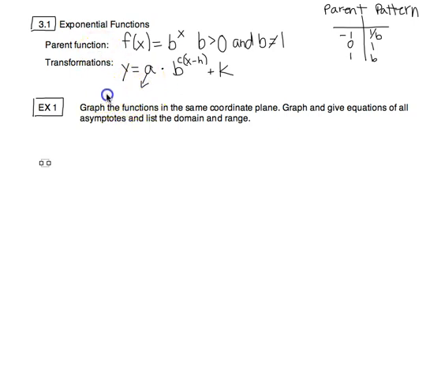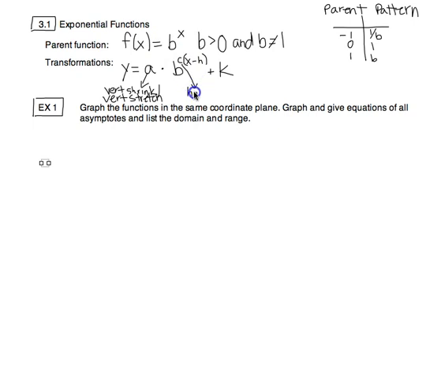So A controls our vertical shrink or vertical stretch, same rules as we've always had for everything else. B is the base. B does not control any type of transformation. So you should never, ever, ever be listing a transformation based on this number, because it will be a number, but it's not a transformation.